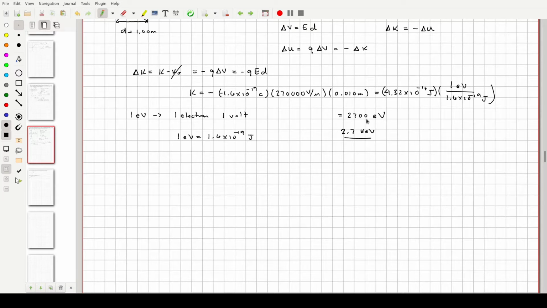Now, the electron volt is the preferred unit in many applications when you're dealing with individual atoms or individual electrons and things like that. And that's because the energies that you end up with are so small that constantly writing times 10 to the minus 19th and things like that is just a lot of trouble. So we use the EV instead. So here's our answer: 2.7 keV, or 2700 electron volts.